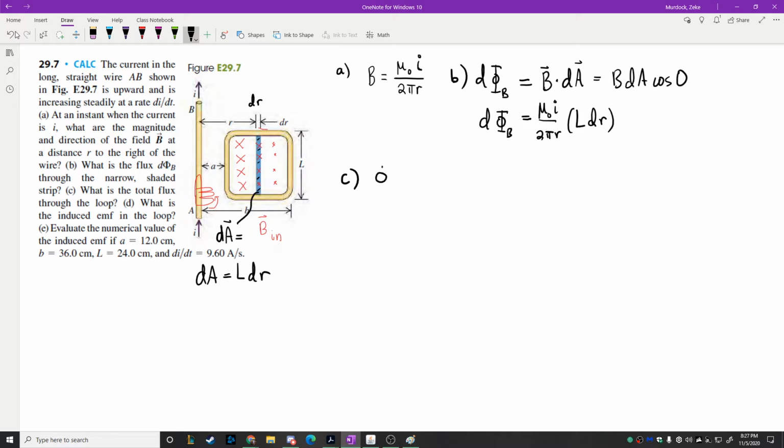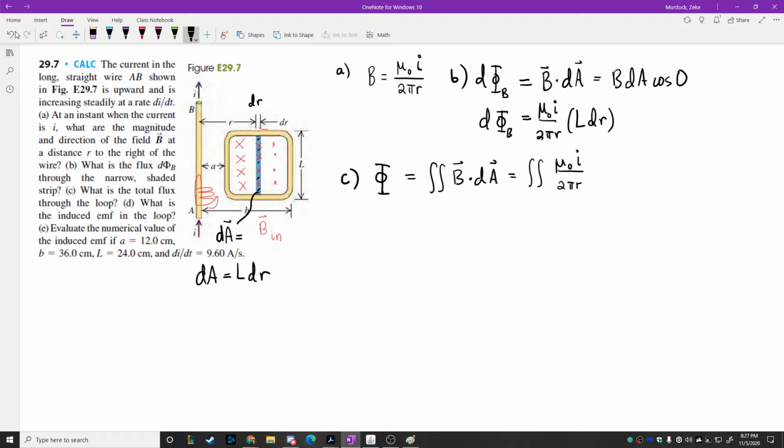Well, the flux is going to be equal to the surface integral of B dot dA, which in this case, we already got everything we need here, but we'll go through it again one by one. So the magnetic field we said was mu naught times I over 2 pi r.